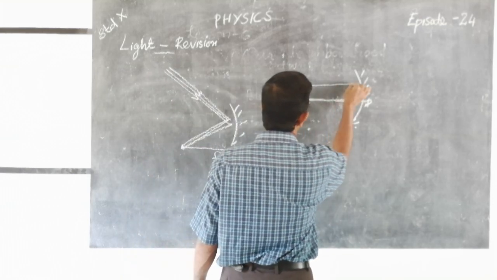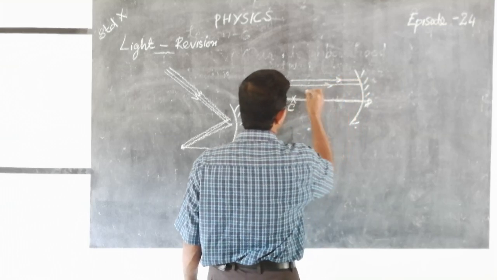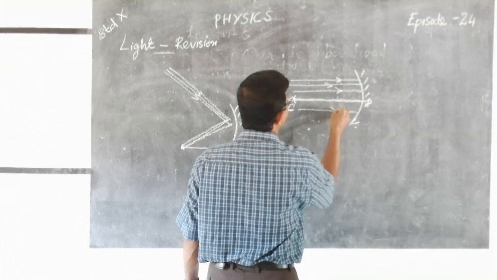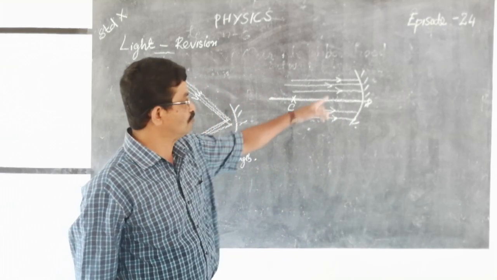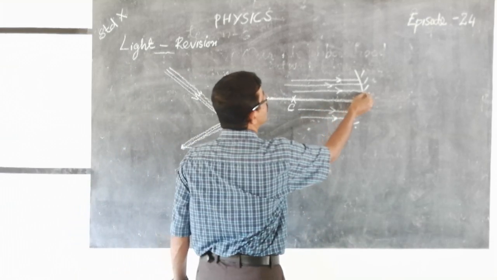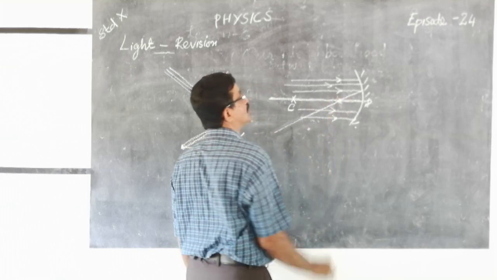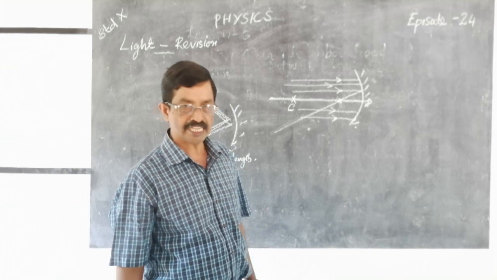Light rays parallel to the principal axis and also close to the principal axis. After reflection, these rays meet at a point, or pass through a point, on the principal axis.